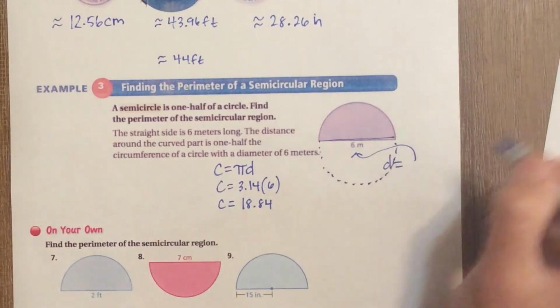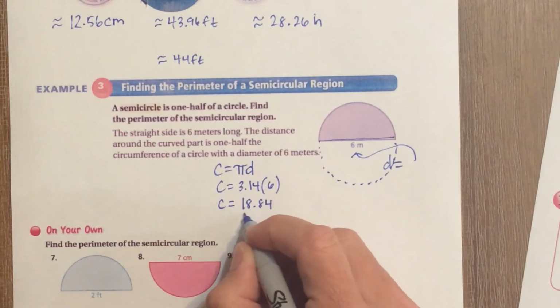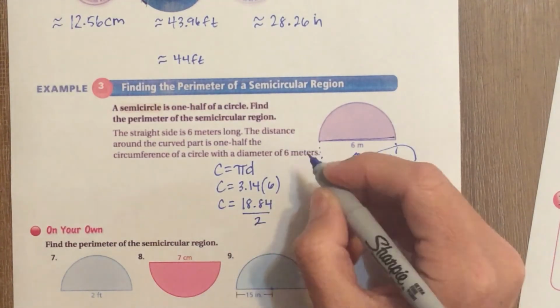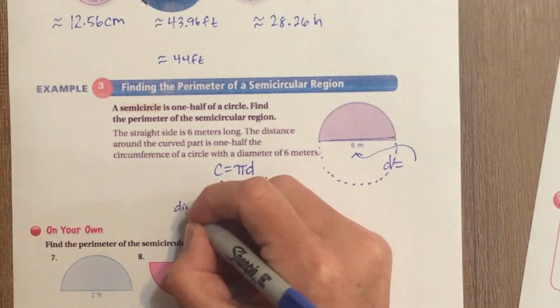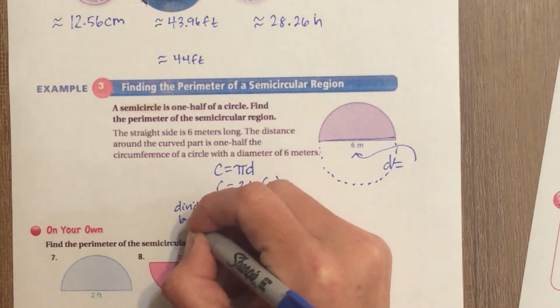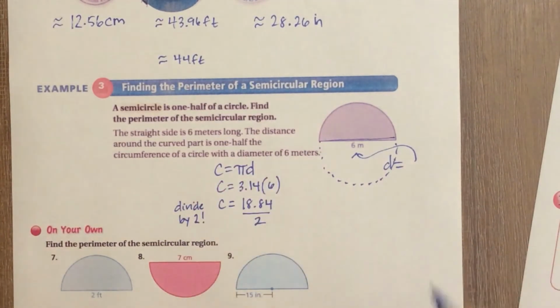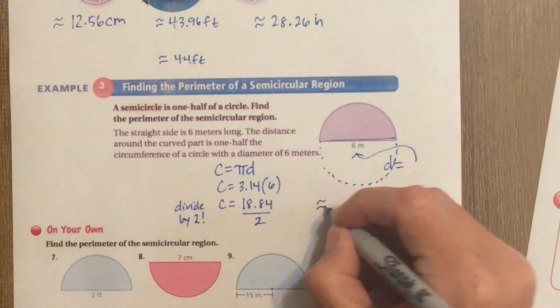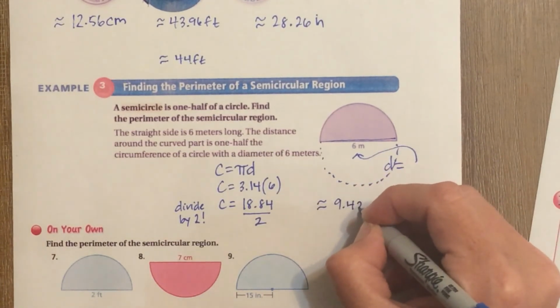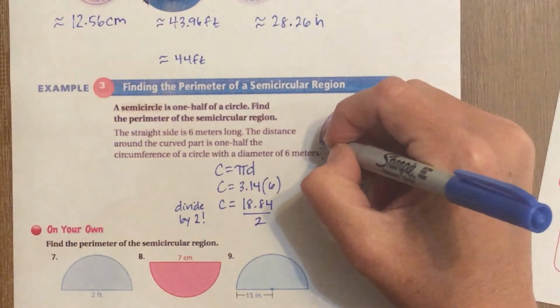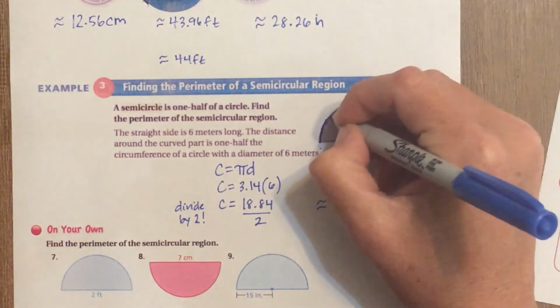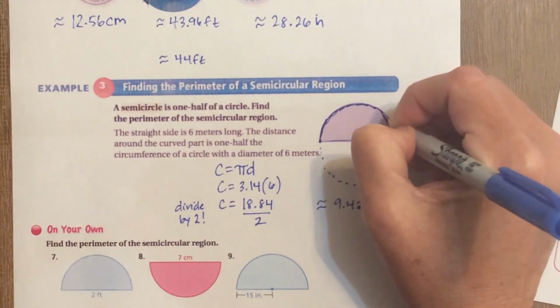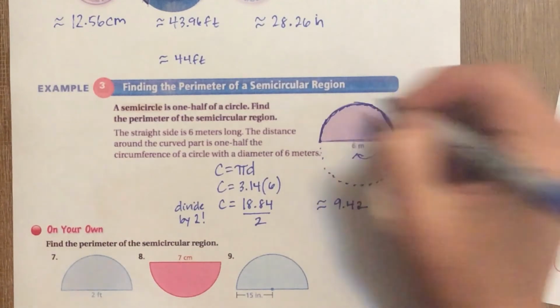But this is like the circumference if this was an entire circle, and it's not an entire circle, it's a semicircle. So I need to take this and divide it by 2, okay? So divide by 2 because we only want half of the circle. Okay, so now I'm at 9.42. Well now, because I divided it by 2, I'm only talking about this part right here.